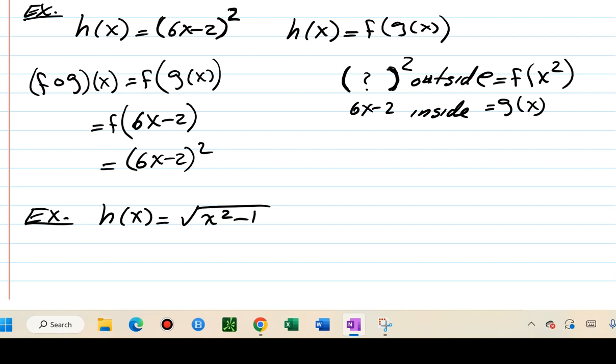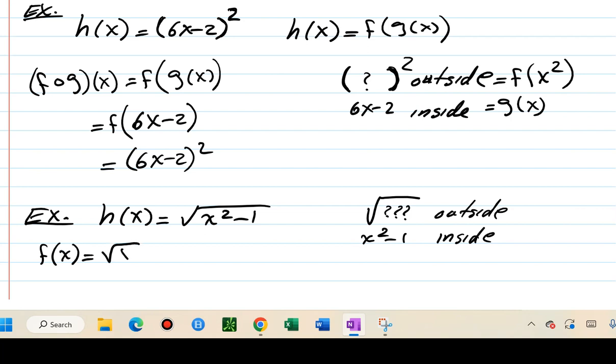Again, the outside function, the prevailing function, is the square root function, right? This is outside. The inside function is what's under the radical sign, x squared minus 1. So we're going to go outside f of x is the square root of x. The inside function would be g of x, and that's x squared minus 1.